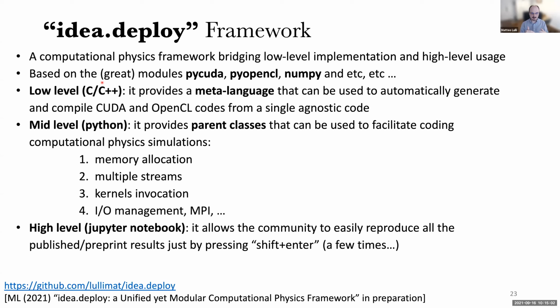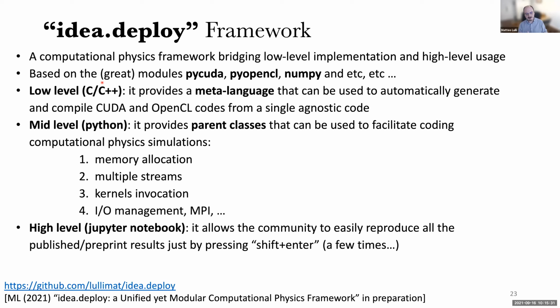At low level, which is C, C++, it provides a meta language that can be used to automatically generate and compile CUDA and OpenCL codes starting from a single agnostic code. At mid-level Python, it provides parent classes that can be used to facilitate the coding: memory allocation, multiple streams, kernel invocation, IO management, and MPI. And MPI is in the works now.